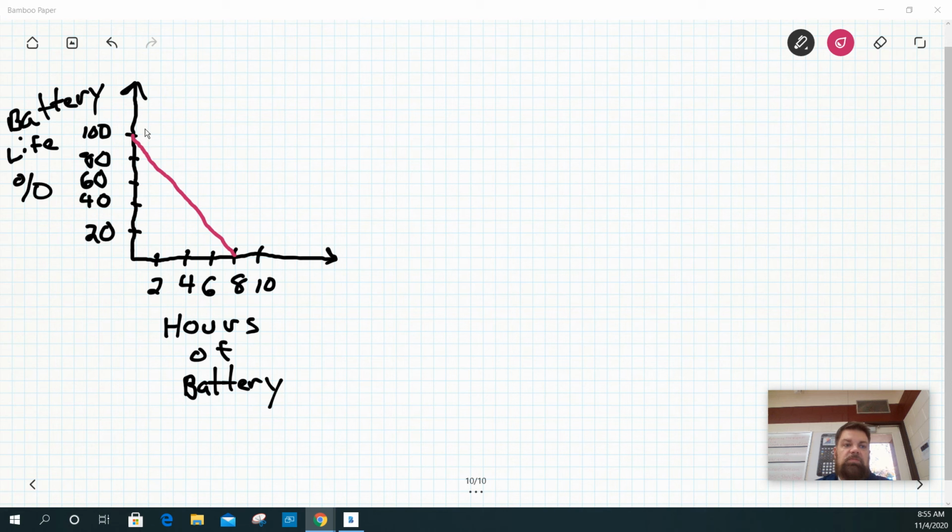So right here, this is actually hours of battery life that are being used, is what I should put. So let's put used.